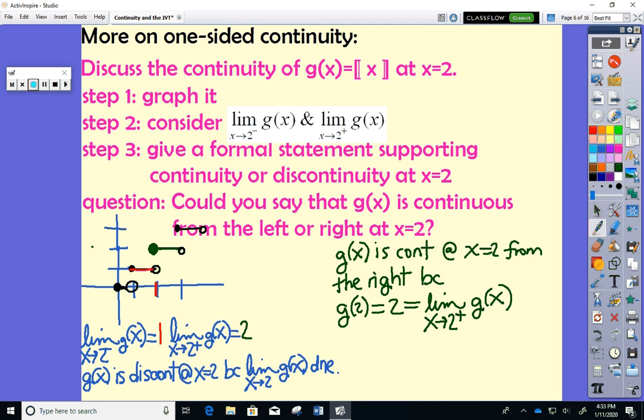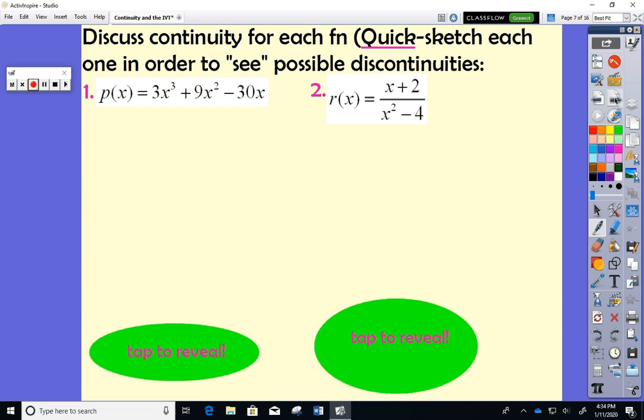So we can sometimes talk about one-sided continuity, and we did that a minute ago with the closed interval, and now you see another place where we're doing a similar sort of thing. So let's stop there and pick up in just a little bit.